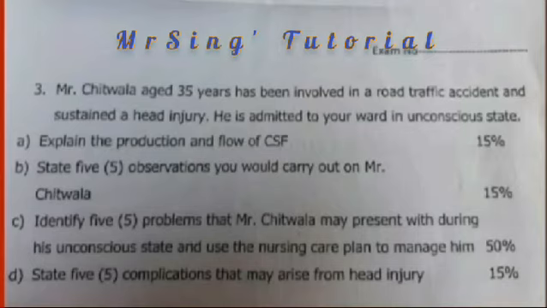So that is 50 marks. For this one, we'll just list some problems that Mr. Chitwala may present with. Thereafter, we will research the nursing interventions that need to be carried out in relation to the stipulated problems.